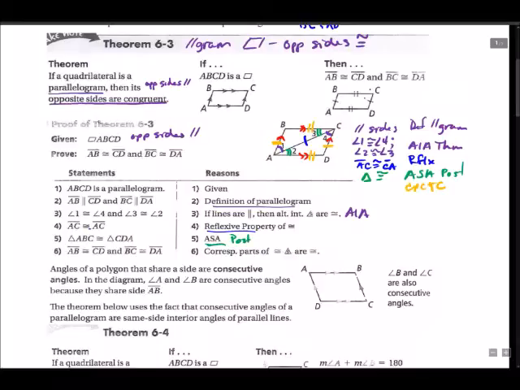And then we can say that we have congruent sides. Opposite sides are congruent. This is just our CPCTC. So that's kind of a neat little proof there, using our triangles. All right, so that's two things we know about parallelograms now.